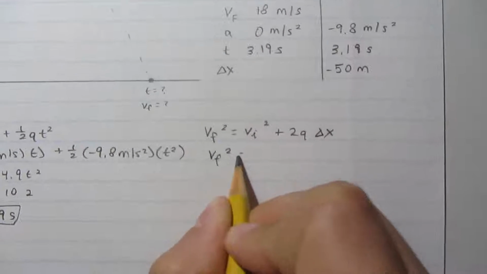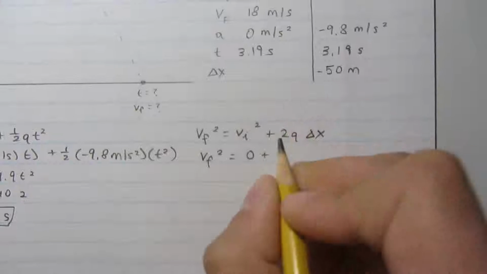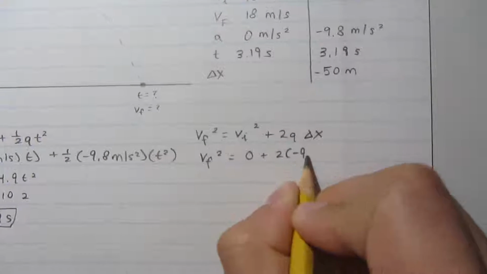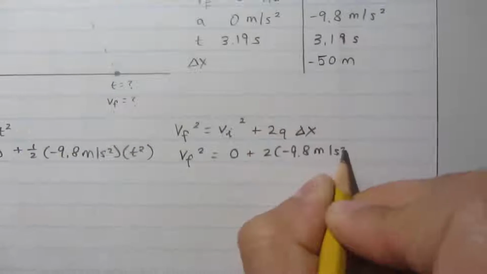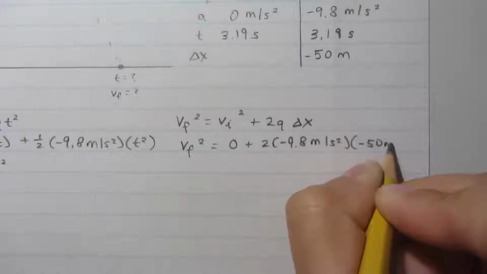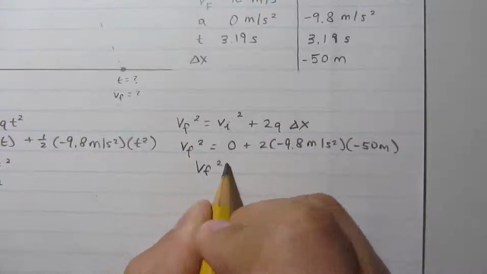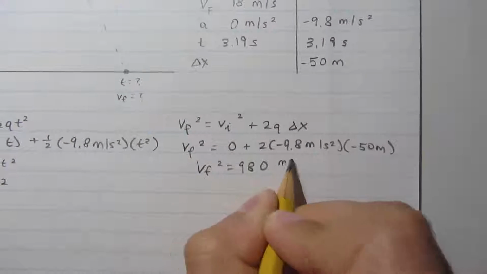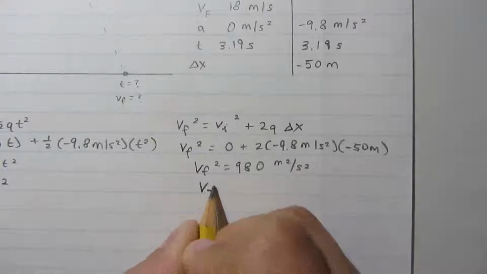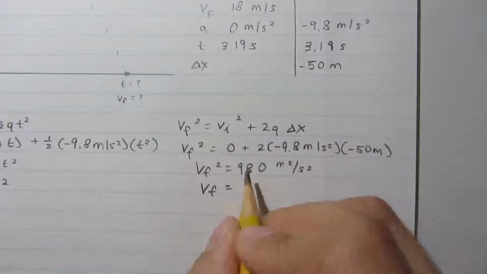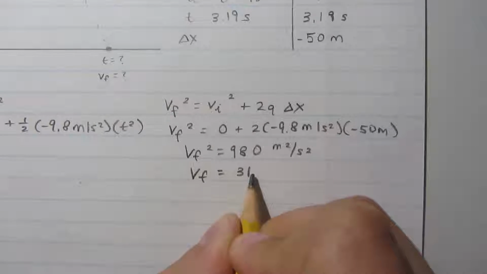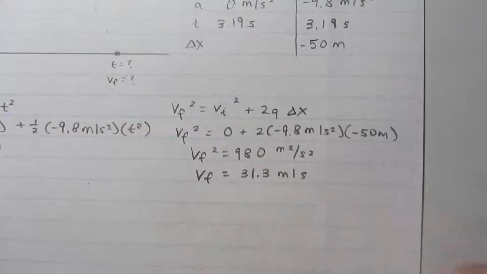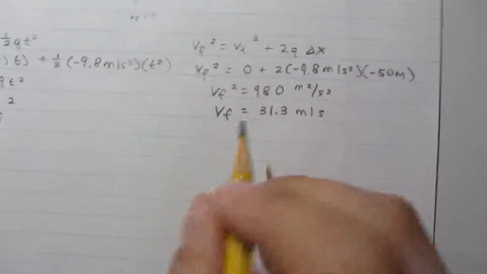So my final velocity is 0 plus 2. So my final velocity in the y direction is 31.3 meters per second.